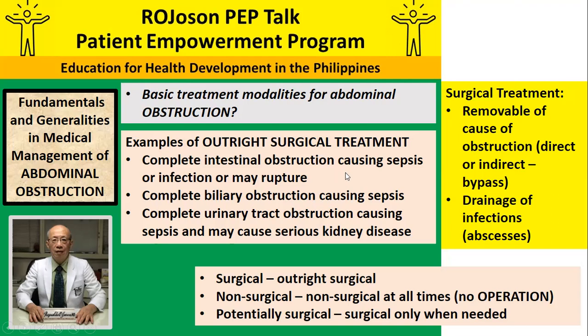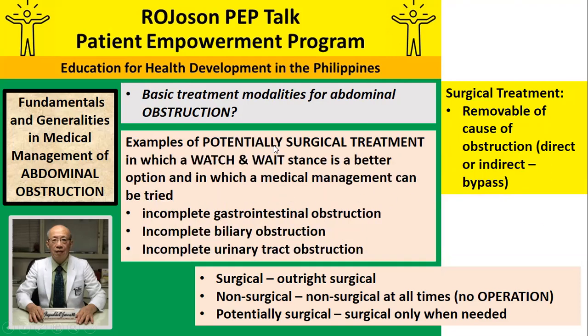If the tumor cannot be removed, then you have to do a bypass, para dumaan pa rin mga pagkain. So the other type of surgical treatment is drainage of infections. There are times in which the infection, the abscess, can cause abdominal obstruction, so it has to be drained.